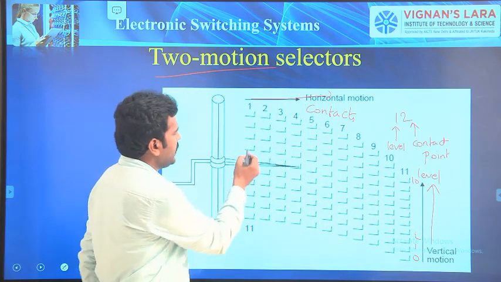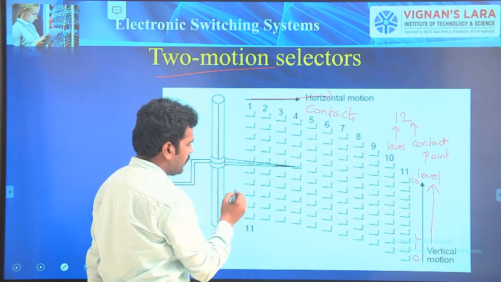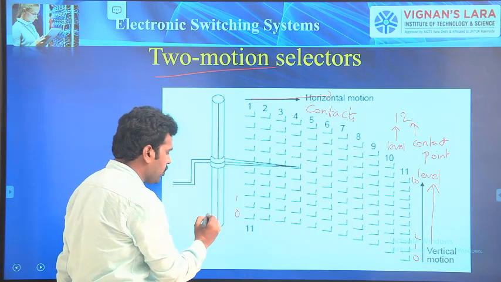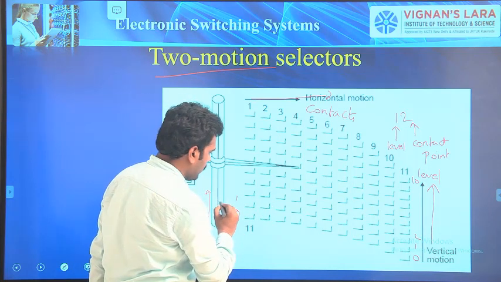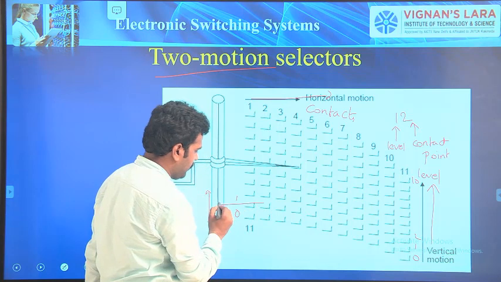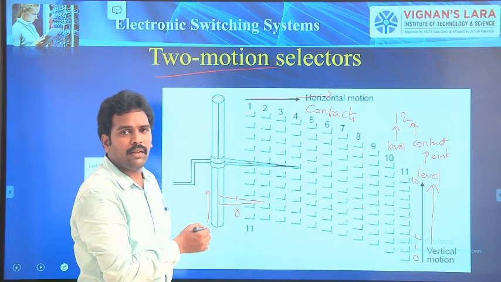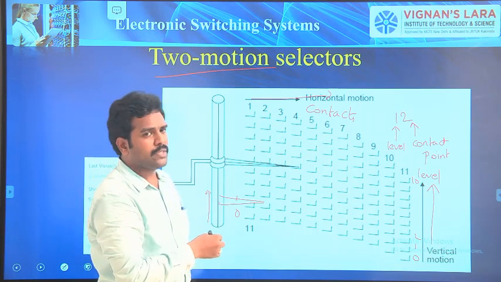So here this is level 0 and level 1. The wiper is going to move vertically from level 0 to level 1 and make contact with the second one. So this is the connection. The wiper will settle here. Got the point? This is called a two-motion selector switch.